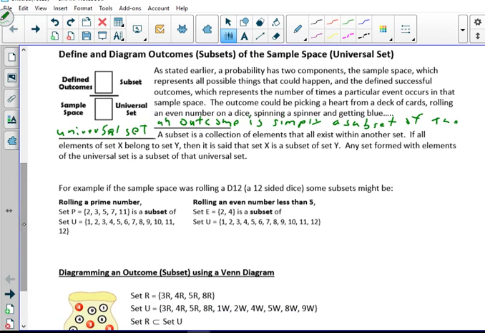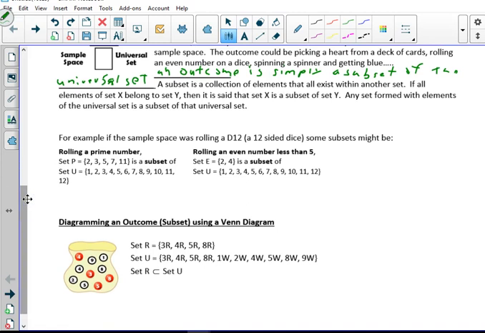All right? So, for example, if you roll a die that had 12 sides on it, the universal set is all 12 numbers, 1 through 12. But if you were trying to roll a prime number, we use P for prime, and that's 2, 3, 5, 7, 11.